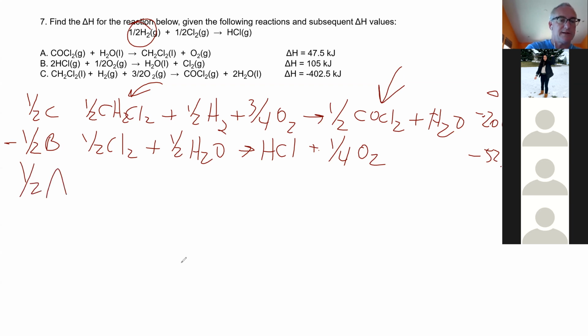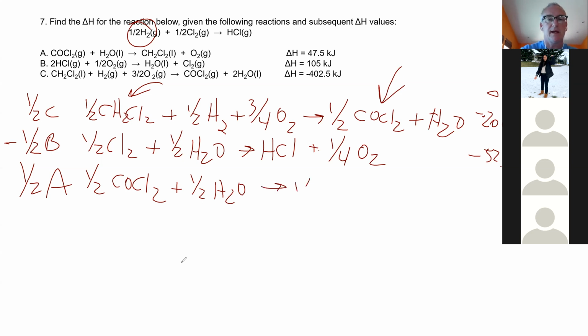Right. Let's see what that would look like. So that gives us 1/2 COCl2 plus half a mole of water makes half a mole of CH2Cl2 plus half a mole of oxygen.